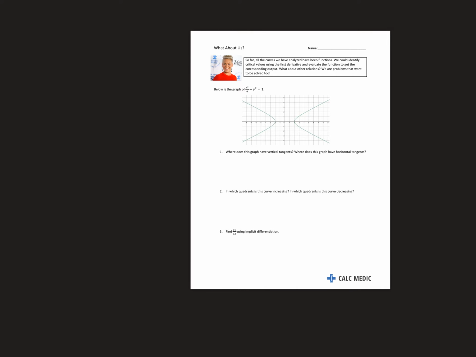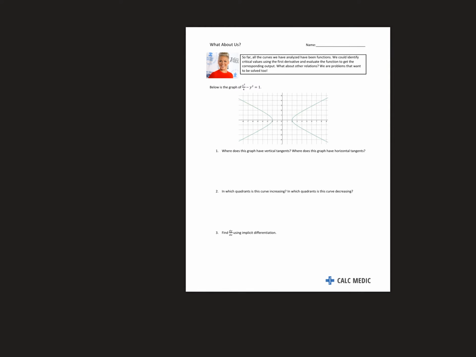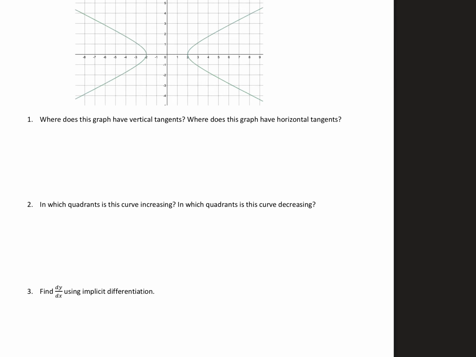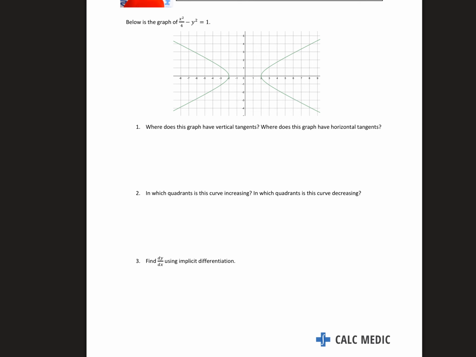All right, so you have attempted number 1 through 6. Let's go over the answers. So first thing first, number 1, where does this graph have vertical tangents? Where does this graph have horizontal tangents? So you should say something like vertical tangents at x equals 2 and negative 2, because we can see that right here.